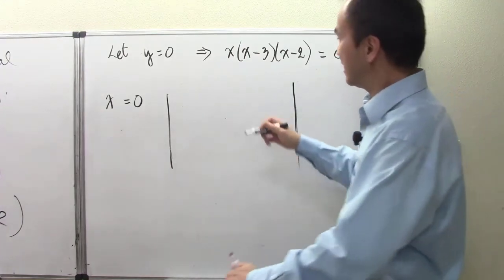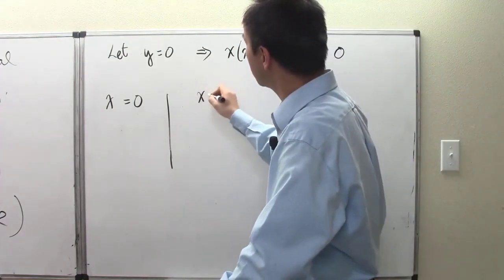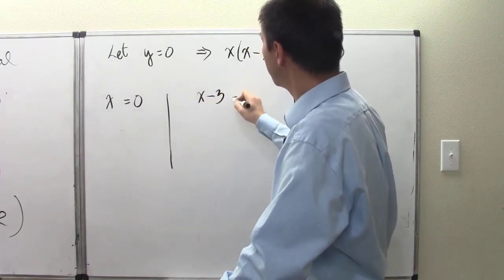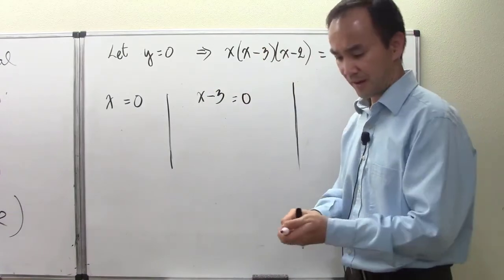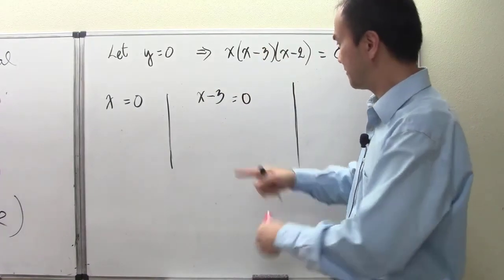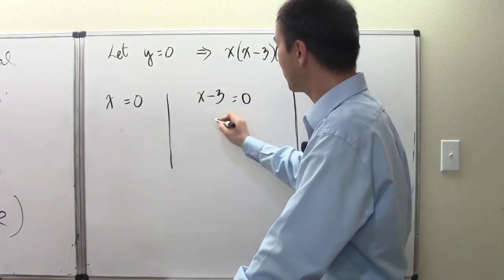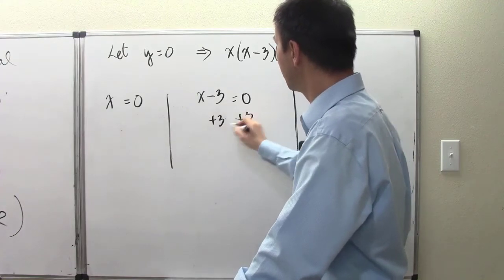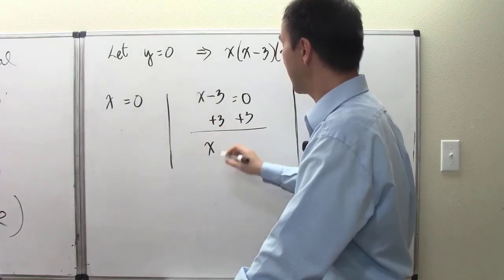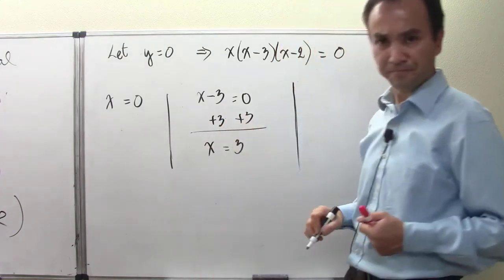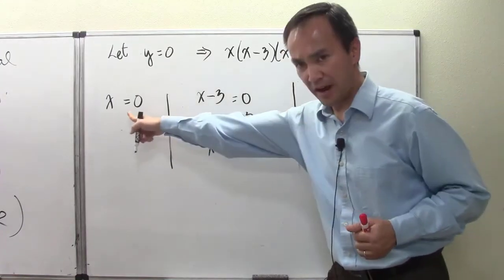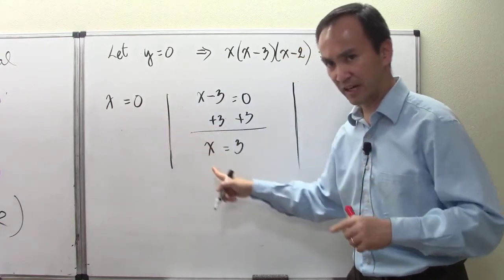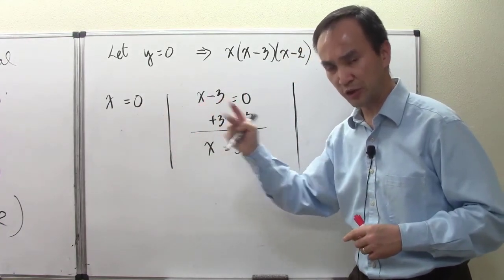Okay, the next one comes out by setting this distinct linear factor, x minus 3, equal to 0. From this little equation, I can add 3 to both sides, and then end up with x equals 3. All right, so I found x equals 0 as one of them. Now I found another one, that made 2 horizontal intercepts.